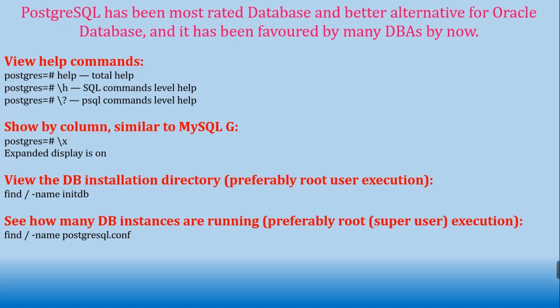For the last four consecutive years, it's been the most rated database, and of course, it is a very good alternative for the Oracle database, which I showed in this presentation.